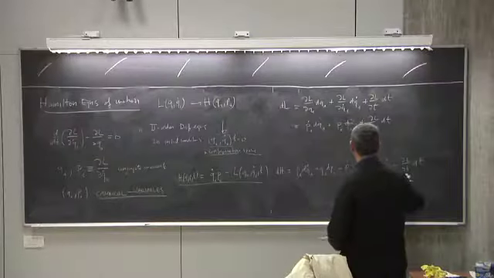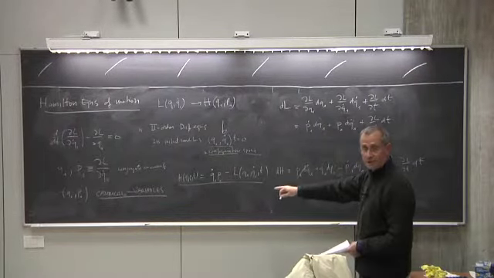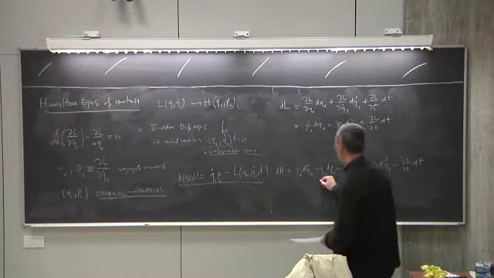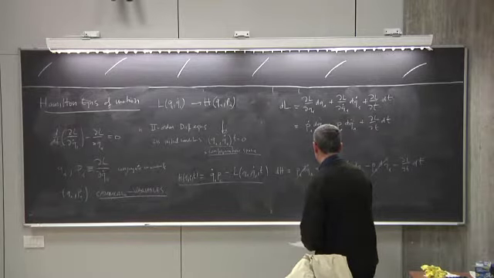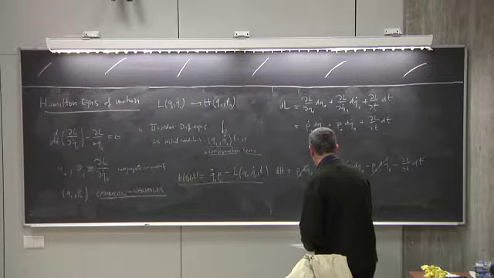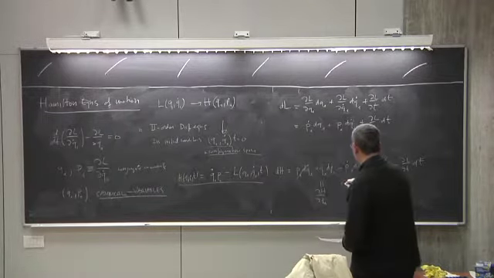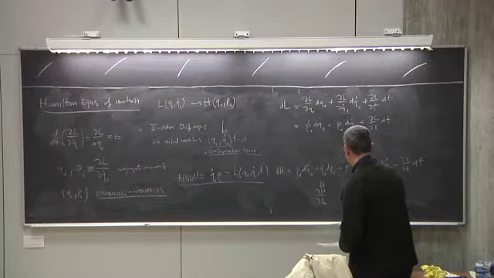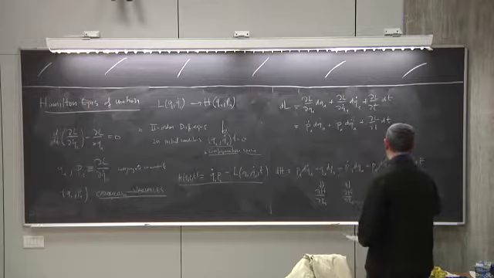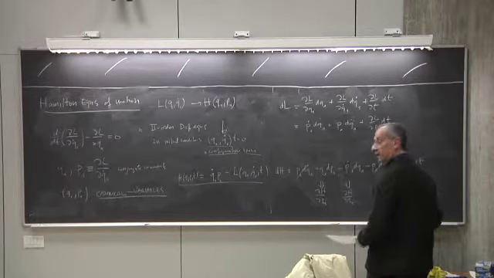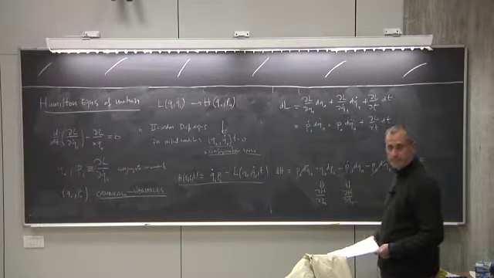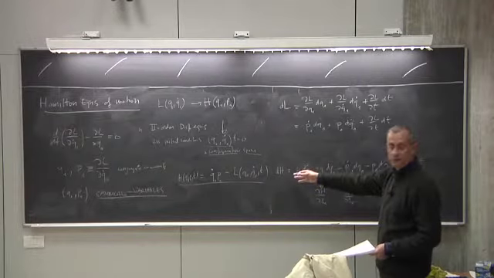And this, by definition, must be the total differential of H. So by definition, this coefficient is ∂H/∂p_i, this is ∂H/∂q_i, and this is ∂H/∂t, right? That's just the definition of the differential.